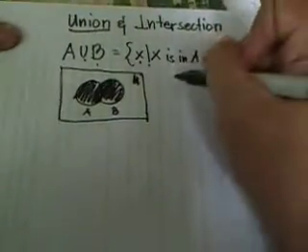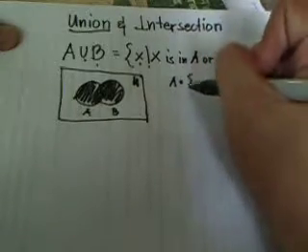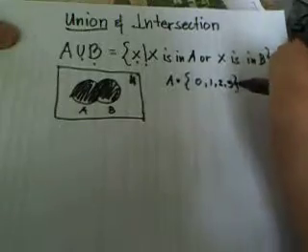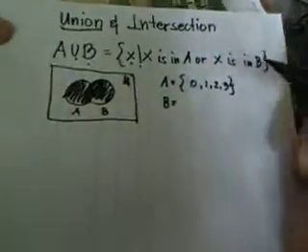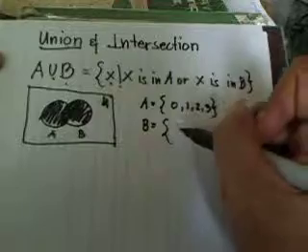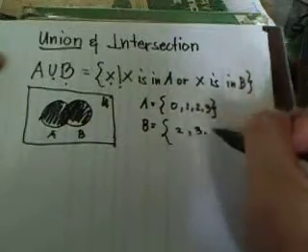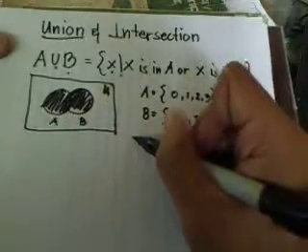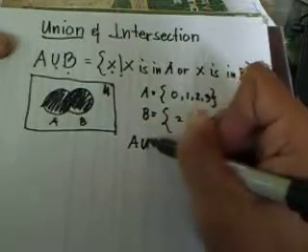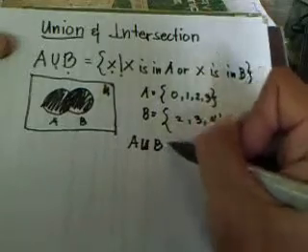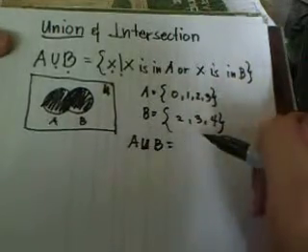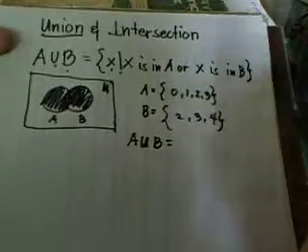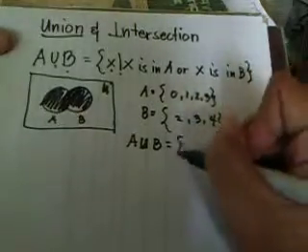So for example, if A has elements 0, 1, 2, and 3, and B has elements 2, 3, and 4, then to find the union of A and B, we simply list all the elements of A and B without repeating.